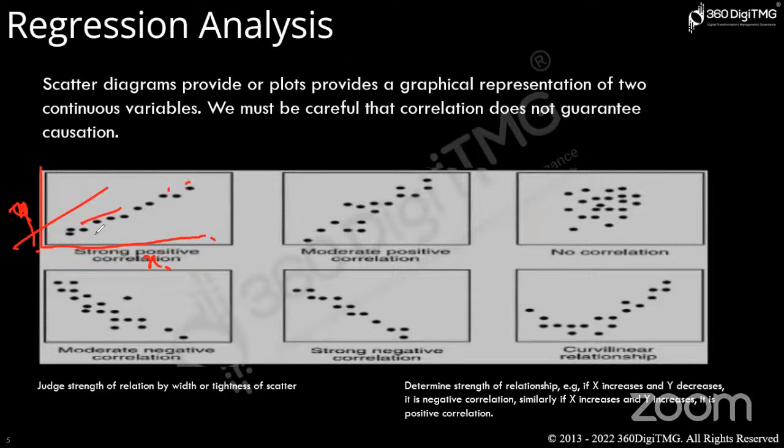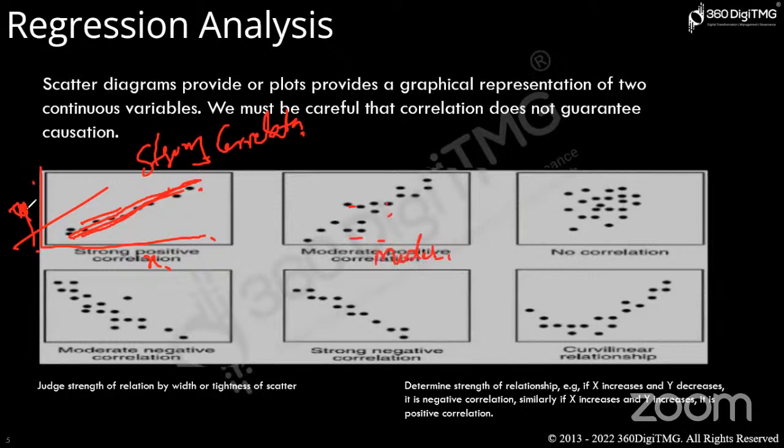If it is in just one line, in that case you can say it is a strong correlation. If you are having something like this, you can say it is moderate.